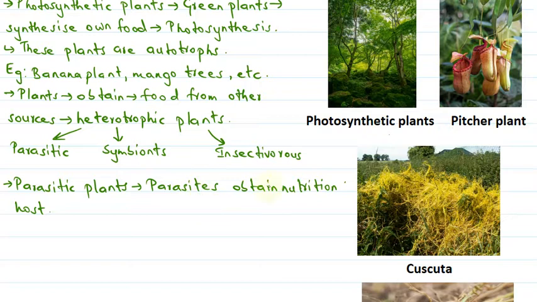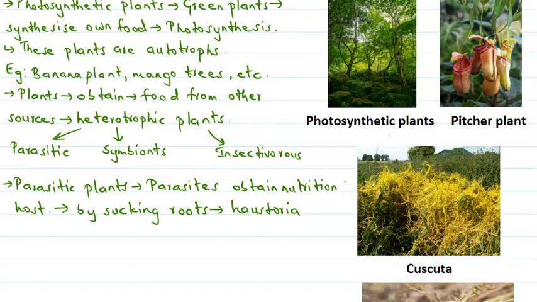They obtain nutrition from their host plants with the help of sucking roots called Haustoria. Haustoria are the sucking roots with the help of which the parasitic plants obtain their nutrition from other living plants, that is, their host plants.